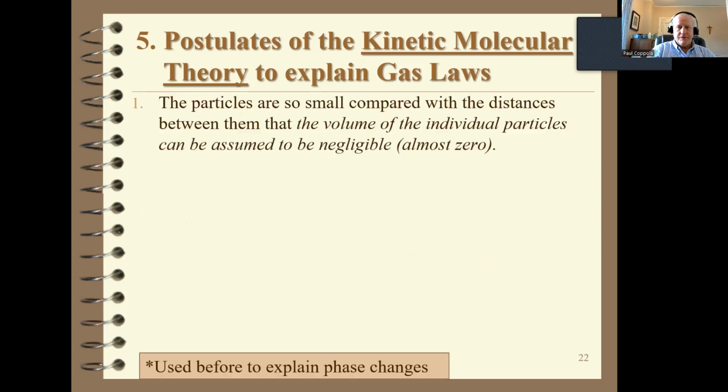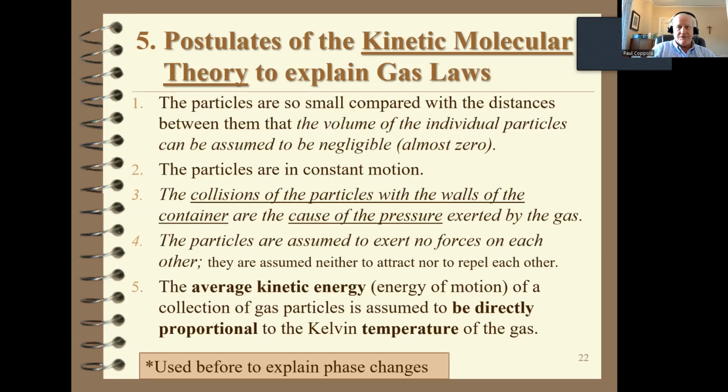Oh, one of the greatest theories in chemistry is the kinetic molecular theory. So you should know these points or postulates. The particles of a gas are so small compared with the distances between them that the volume is considered to be negligible, basically almost 0. The particles are in constant motion.